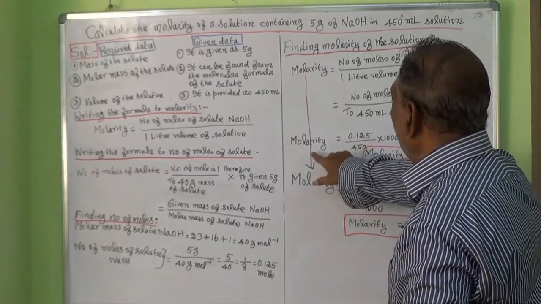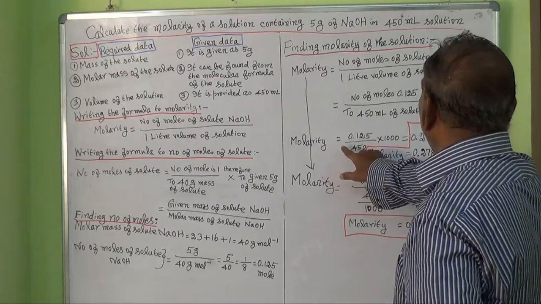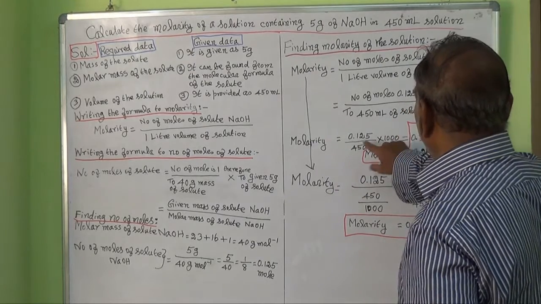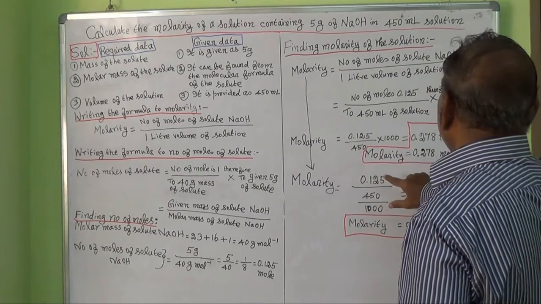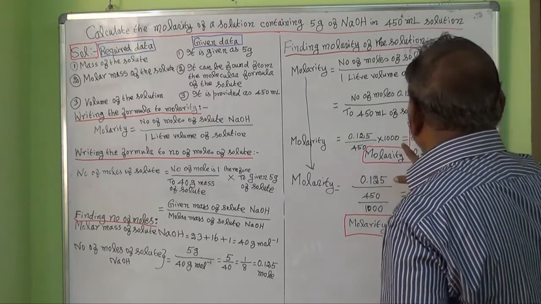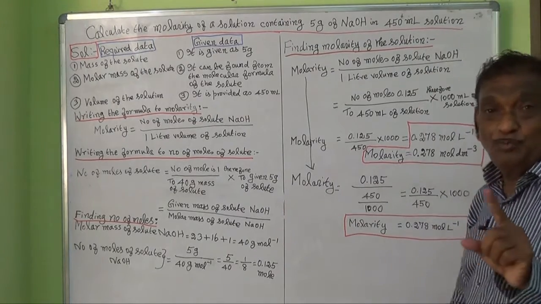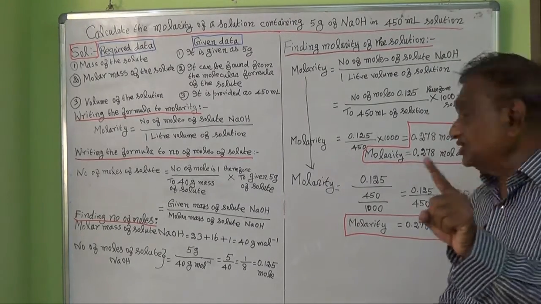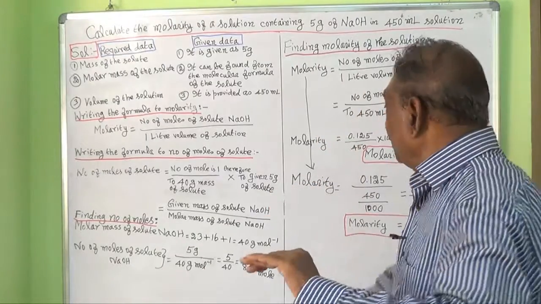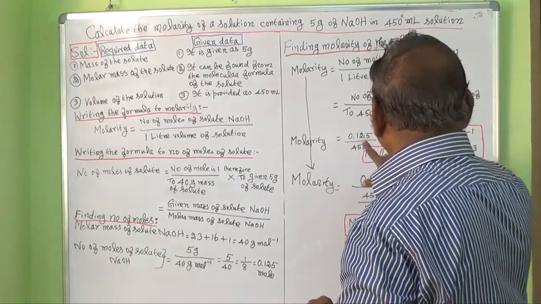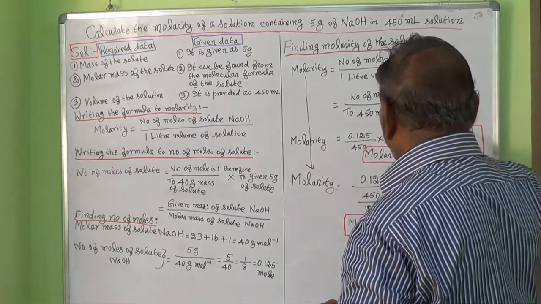Then we have got the formula for the molarity of the solution equal to 0.125 by 450 into 1000. So if we calculate, we will get the molarity of the solution as 0.278 mole per liter. We can also write the molarity of the solution as 0.278 mole per decimeter cube.